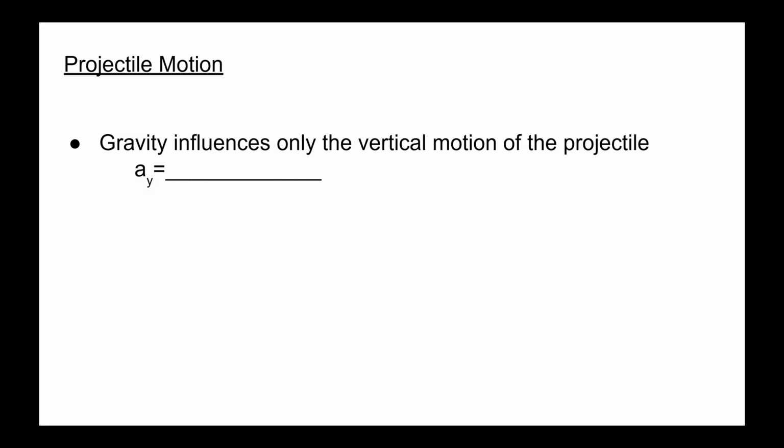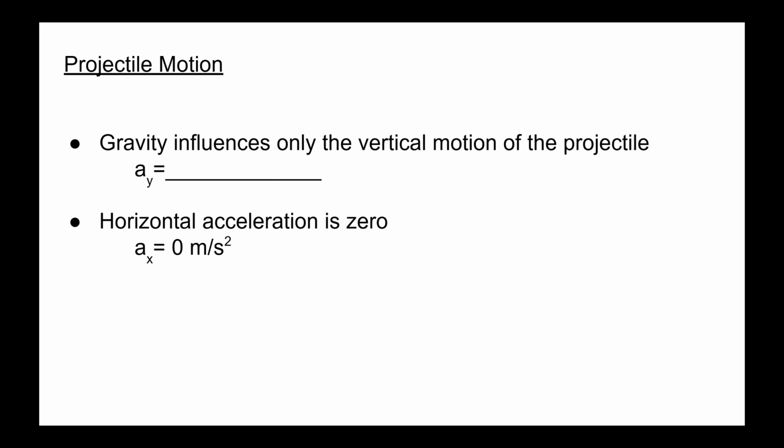So the y component of acceleration would be negative 9.81 meters per second squared if this is a projectile on Earth, and the horizontal acceleration will be 0. Again, we have a uniform downward acceleration that acts only downward.